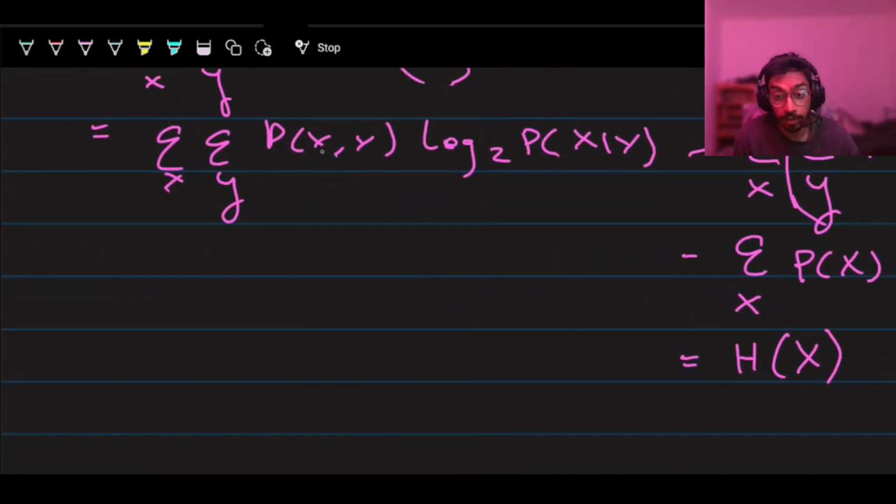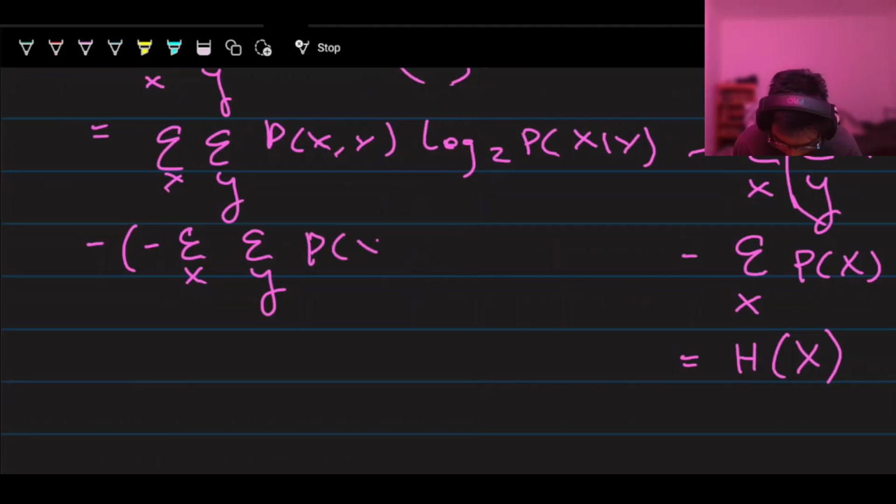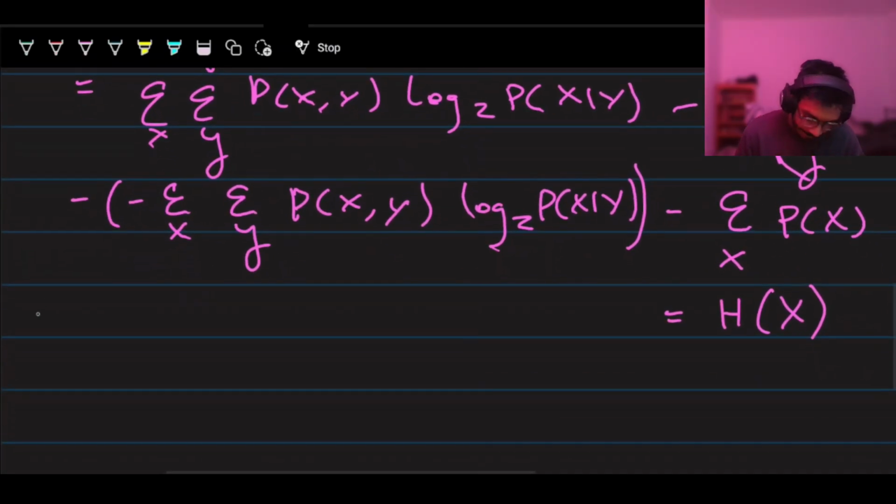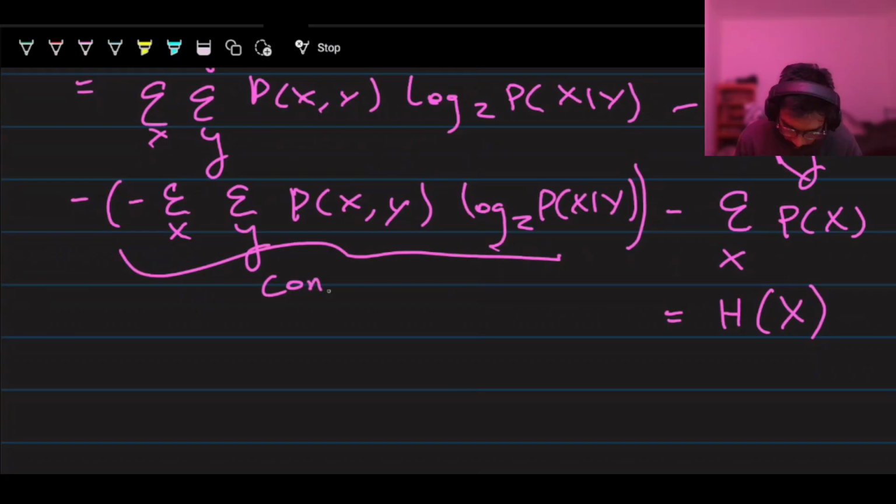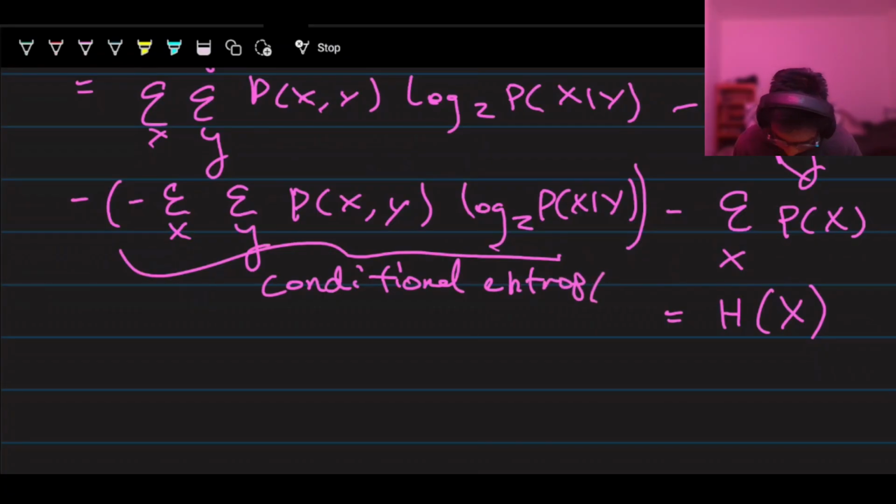We're going to do something very similar on this side too. This is minus the sum over x, sum over y of p of xy times log base 2 of p of x given y. And this is actually the conditional entropy h of x given y.